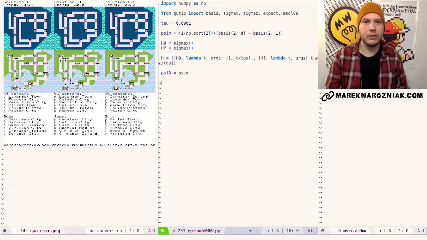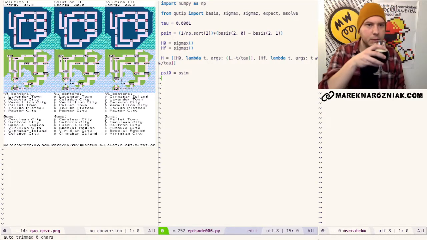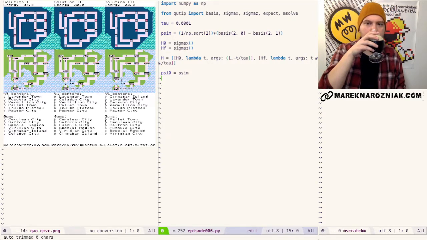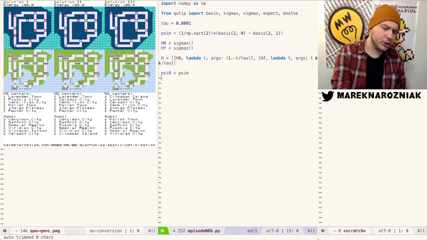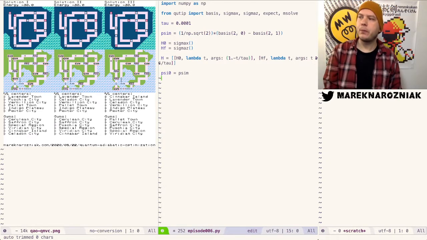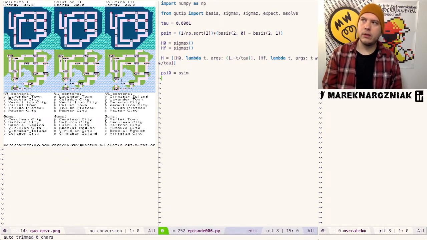And we will also need to perform some measurement. So let's just think. At each moment of time, we will want to know what is the energy of the entire system.